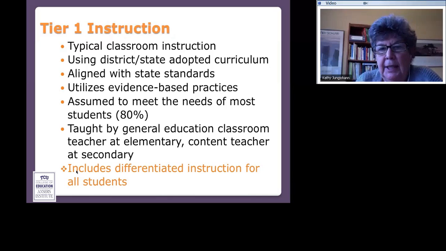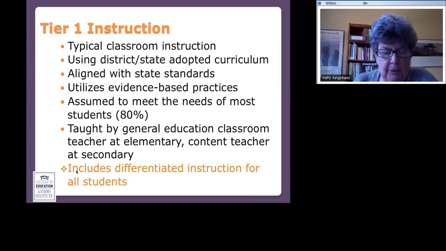That's why you see the 80% often listed associated with Tier 1. It should be taught by the general education classroom teacher at the elementary level. As we move into middle and high school levels, the content teacher may be the primary teacher for Tier 1 instruction. But an important component of Tier 1 instruction is that it does include differentiated instruction for all students.